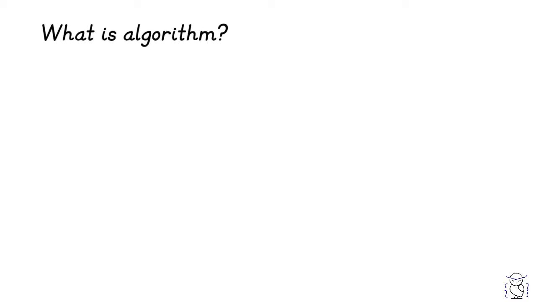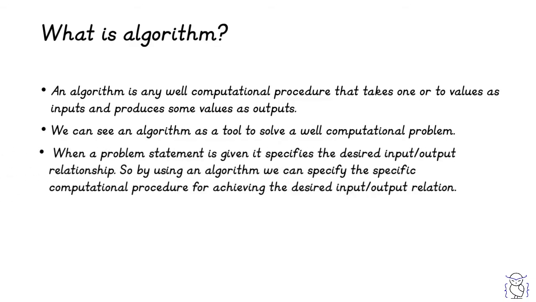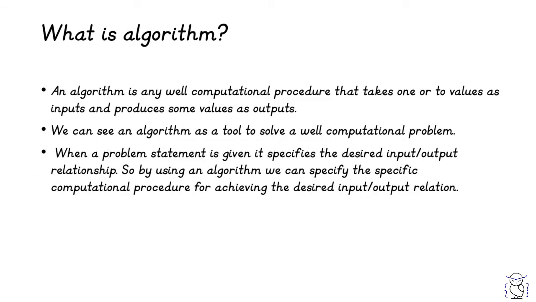We are done with data structures, right? So, what is this algorithm? Is there any relation between algorithm and data structure? Let's clear this confusion. An algorithm is any well-defined computational procedure that takes one or more values as input and produces some values as output.